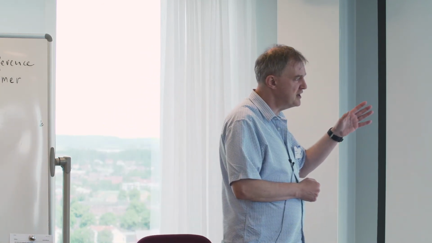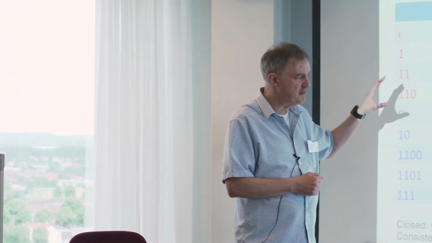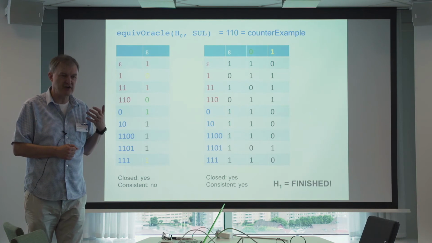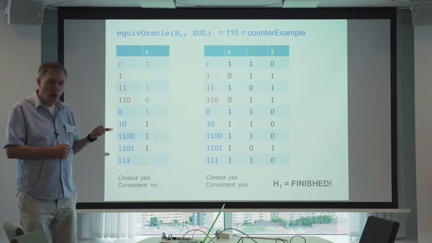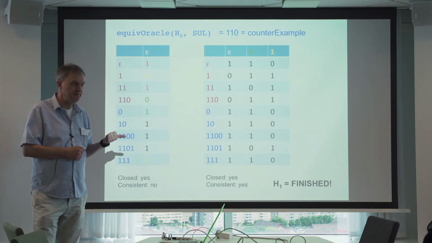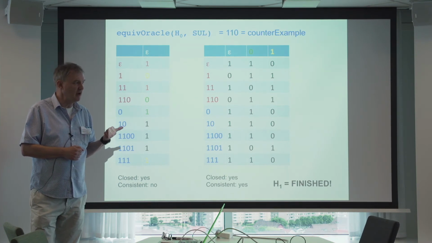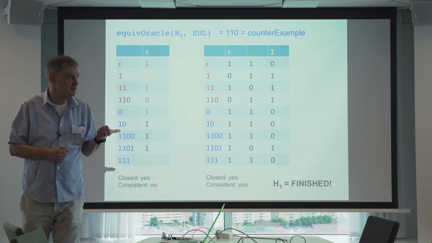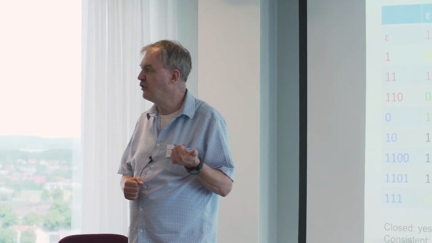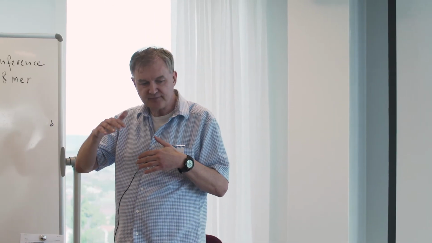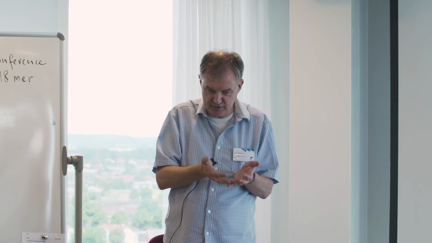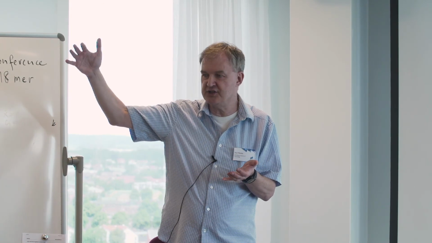There's another subtle point here, which is that the proof of convergence relies on having an equivalence checker that always gives you an answer if there is one. There are glass box checkers, the best known being the so-called Vasilevsky-Chow algorithm. That has the unfortunate property that the computation time is exponential in the difference in state space size between the automaton you currently have and the target automaton.